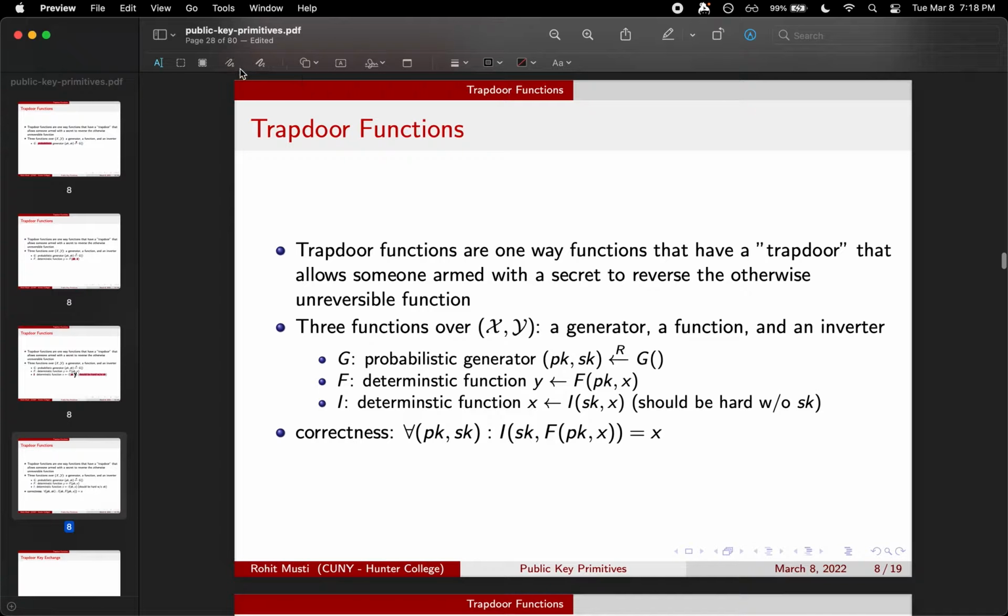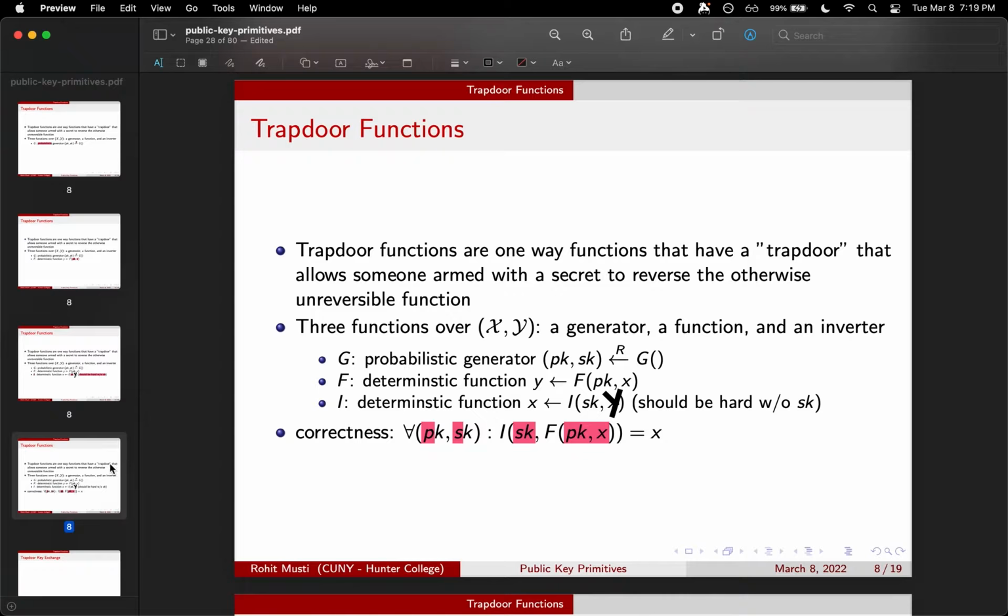If you recall from previous lectures, there was a correctness requirement that we discussed before. The correctness requirement for this function is that for all public key, secret key pairings, if we invert the output of that public key with x using the corresponding secret key, that output needs to equal x 100% of the time.